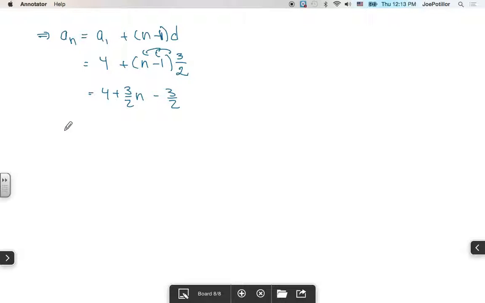And then 4 minus 3 halves is going to be 5 over 2. So a sub n equals 3 halves n plus 5 divided by 2, and this is our formula for the nth term. So I will leave you, and we will come back and discuss how to do some more things.